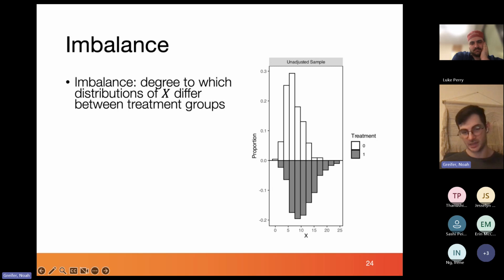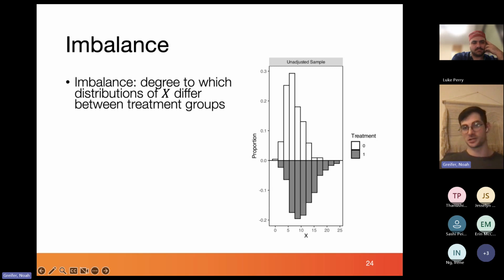The white histogram on the top gives the proportion of control units with each value of x. So for a value of about 5, approximately a quarter of the control units have that value. And on the bottom half of this histogram is the distribution of this variable for the treated units, so the proportion of people who are treated with each of these values.